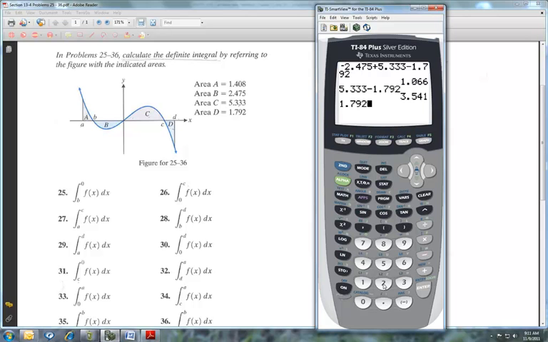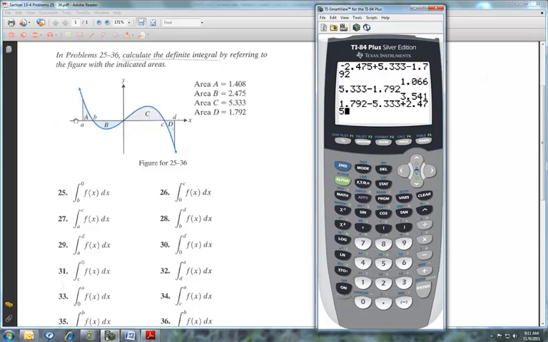Looking at those examples, I think will also help. Going from C to 0, going right to left, I've got to do the opposite. Zero to B, do the opposite. So I'm going to have a plus 2.475.